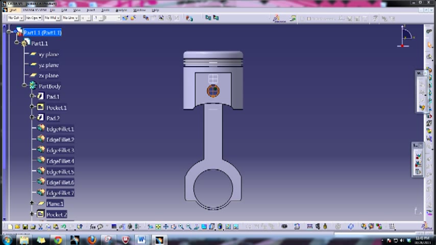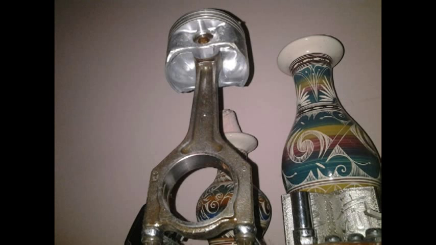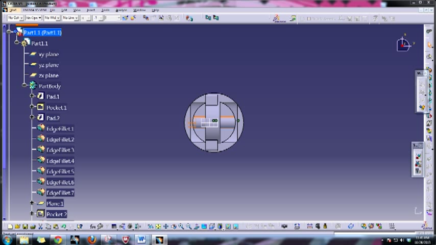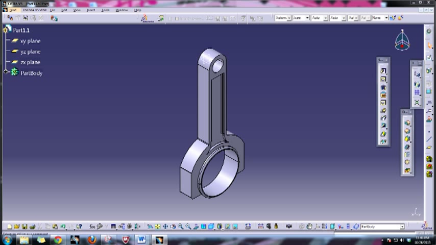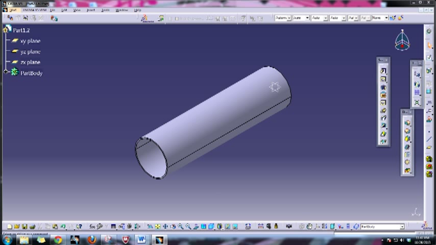One is the piston rings, two is the gudgeon pin, and three is the connecting rod. We also provide the real piston that we have taken from a BMW car.